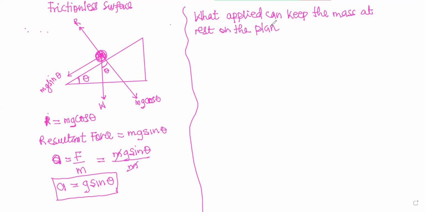So the question is such that, without any force, a body on an inclined plane is rolling down the plane. So what is that amount of force, when applied, which will keep the mass stationary on the plane? Will it act against the unbalanced force or in the direction of the unbalanced force? Class, we are looking at a force which will keep the mass at rest on the plane.